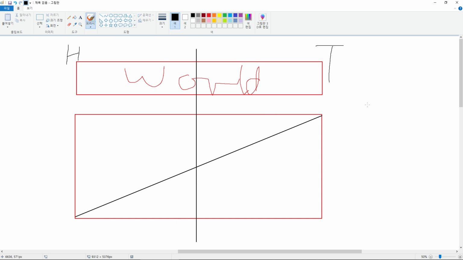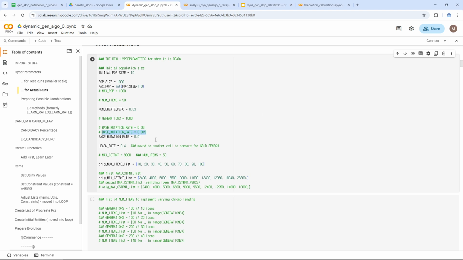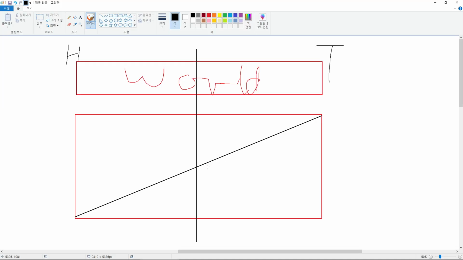So before, when the base mutation rate was 0.03 or 3%, this would be 3%, and the tail entity would enjoy or suffer the mutation rate of 6%, and the head entity would have an individual mutation rate of 0 or something very close to 0 in a linear fashion.